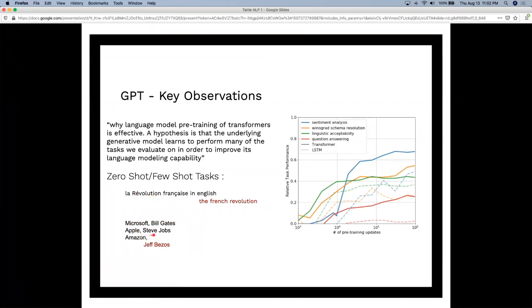So the way they create tokens is different. They train a tokenizer. They have a layer of tokenizer where they don't necessarily keep Microsoft as a token. It is possible that Microsoft consists of micro and soft, and micro occurs significantly more often than Microsoft.